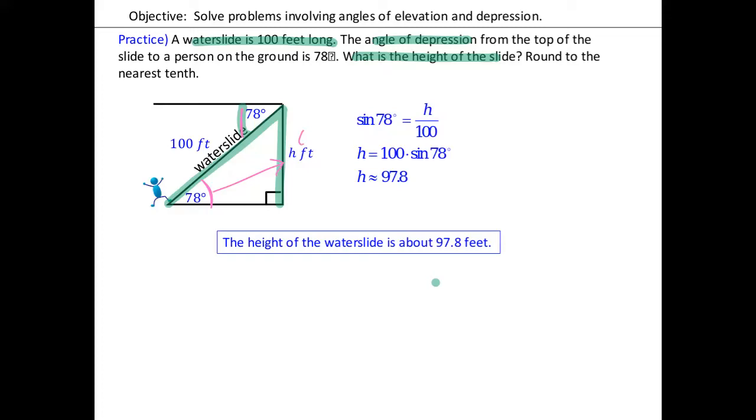Our variable is actually the opposite side, across the 90 is the hypotenuse, and we didn't have an adjacent. So sine of 78 degrees equals h over 100. Multiply both sides by 100 and that gets you 97.8 for the height. And don't forget to write a sentence.